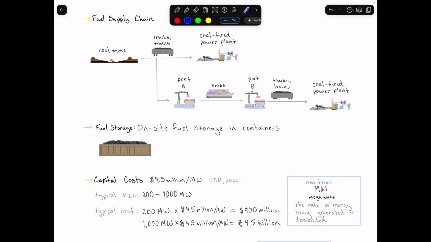So this means that a coal-fired power plant on the smaller side costs about 900 million to build out. And one of these larger power plants at 1,000 megawatts costs about 4.5 billion US dollars to build out. So these are very large power plants.